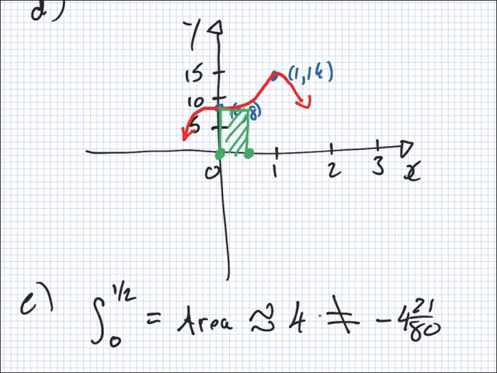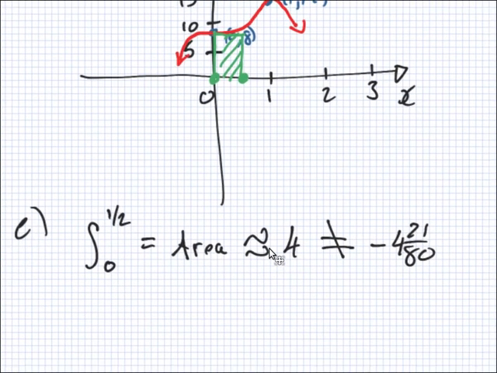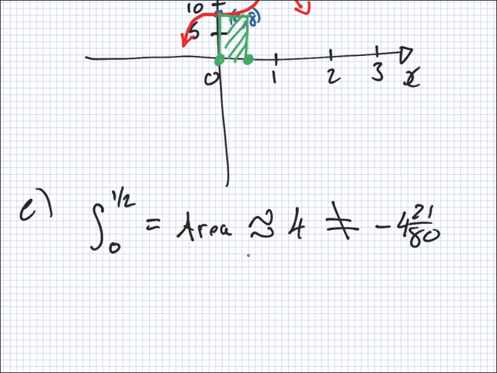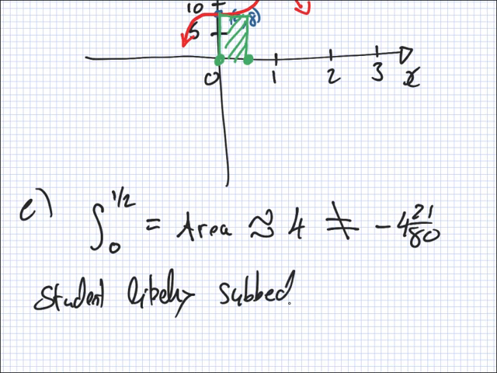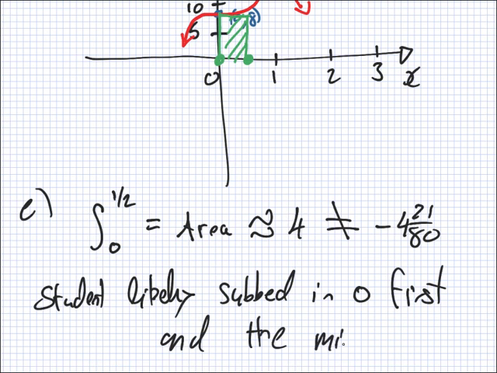Now, because I was expecting an answer of roughly 4, what do you think the student did wrong? Because their answer was minus 4 and a bit, and I was expecting the answer to be 4. Yeah, I think what happened was the student likely subbed in 0 first, and then minus the half subbed in.